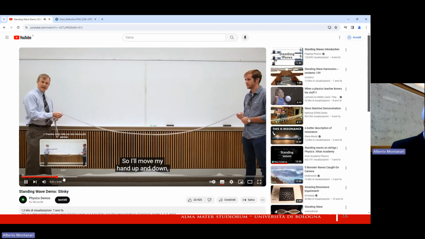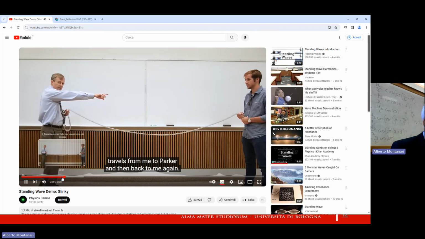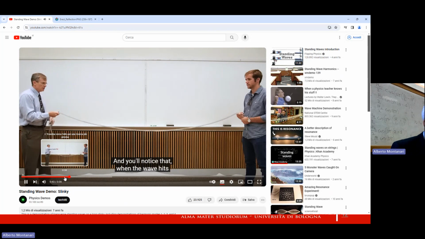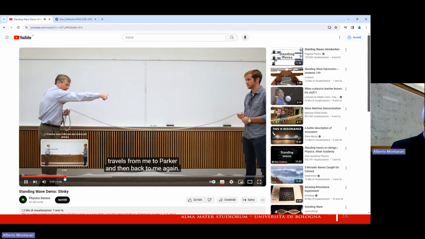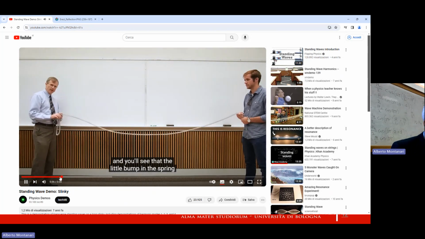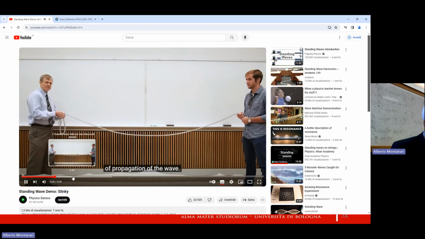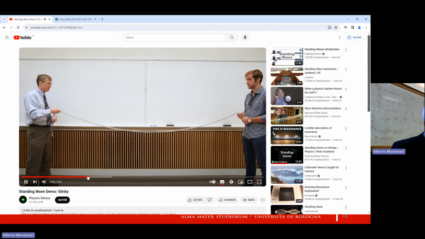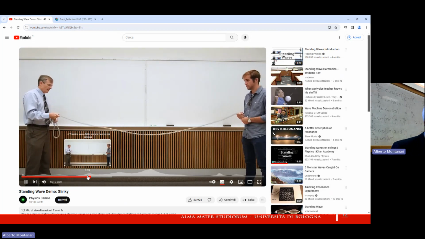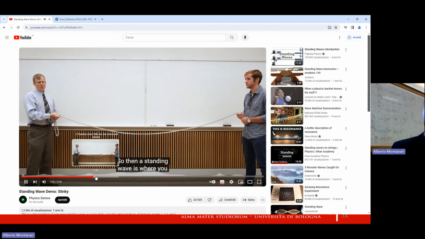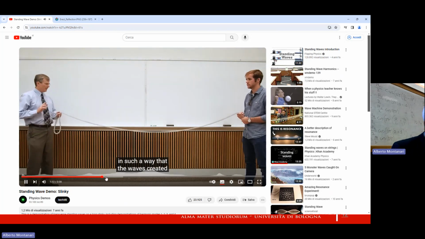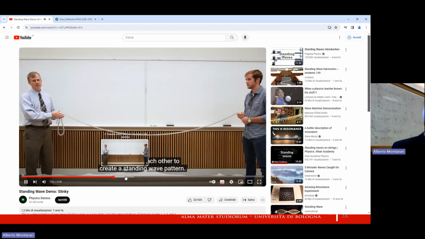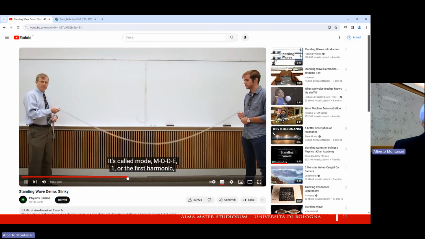So I'll move my hand up and down, and then back to me again. So then a standing wave is where the waves created reinforce each other to create a standing wave. Okay, here we are. First harmonic.